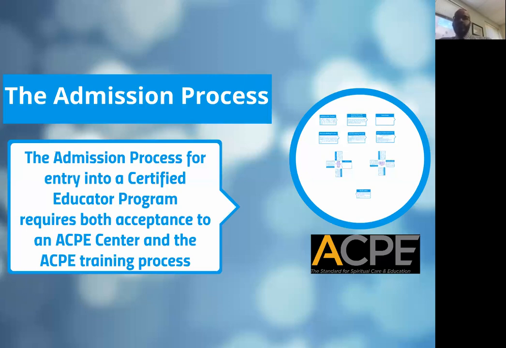The purpose is to align our training students with the title that we as an association have agreed on, Certified Educator. Therefore, our students will be known as Certified Educator Candidates, CEC.